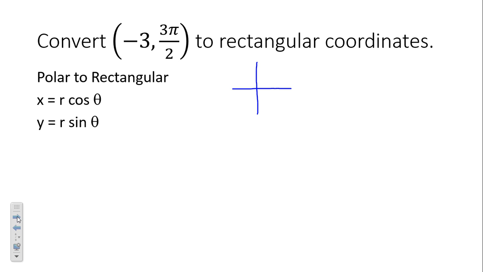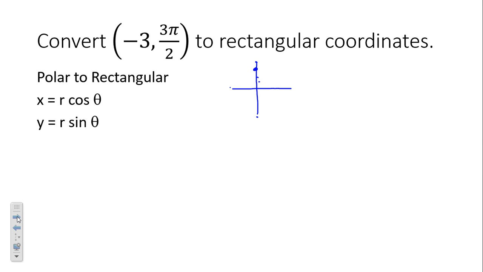So 1 pi over 2, 2 pi over 2, 3 pi over 2. But then we have to suck it back, don't we? Because it's a -3. So when we suck it back 3, we're going to be about right here. Okay, so that's a visual representation, and that can actually give us the answer as well.